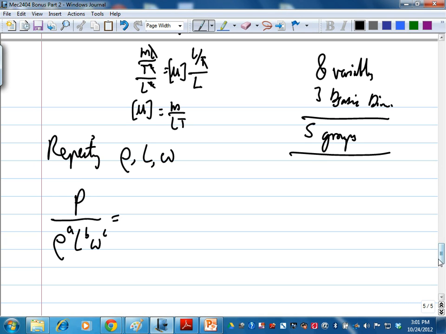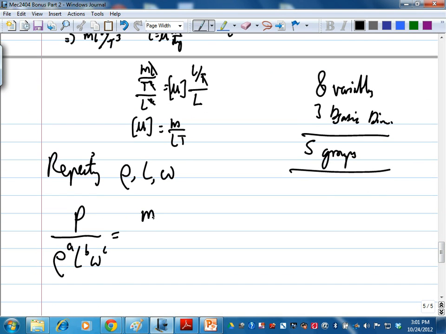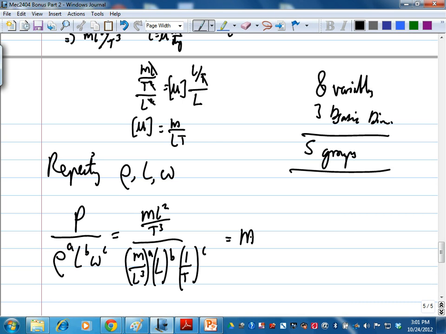Right, power is M L squared over T cubed, times rho, M over L cubed to the A, L to the B, omega, 1 over T to the C. So that's equal to M to the power of 1 plus A, L to the power of 2 minus 3A plus B, and T to the power of minus 3 minus C. Is that okay?